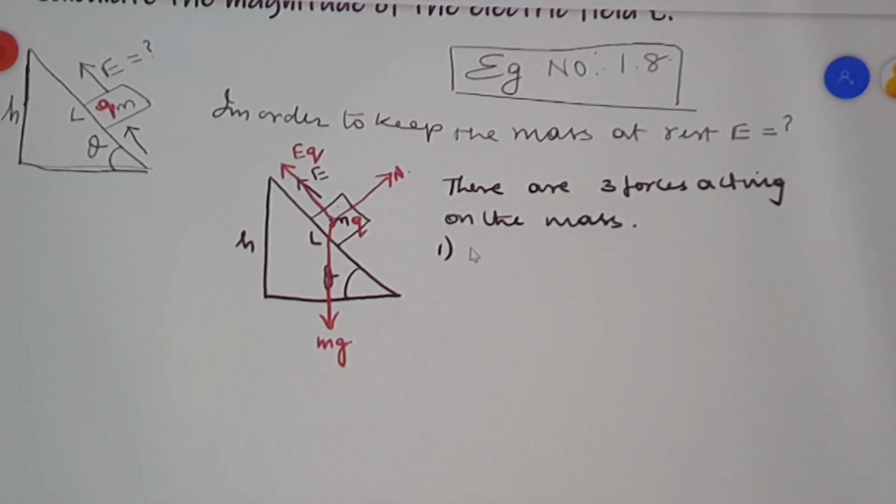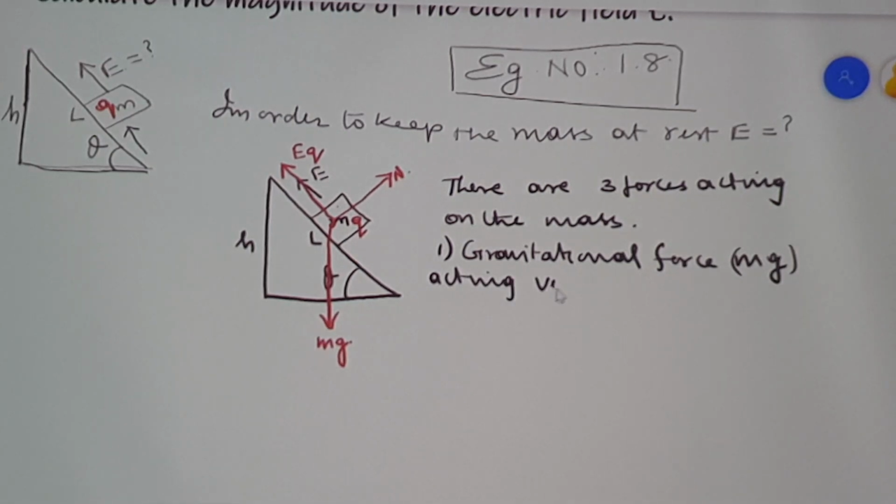Number one, the first force is the gravitational force, and let us consider this gravitational force as m into g, acting vertically downwards. This is the first force. What is the second force? The second force is the normal force, which is acting perpendicular to that of the surface.